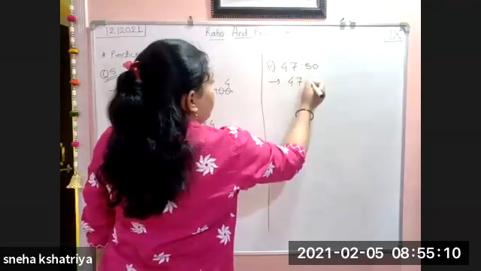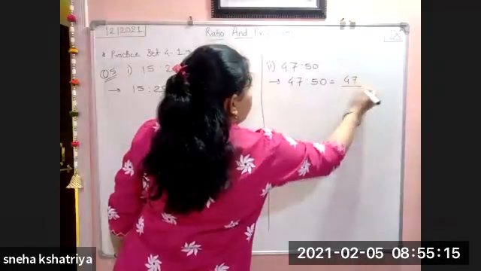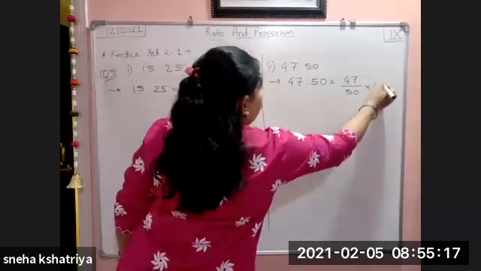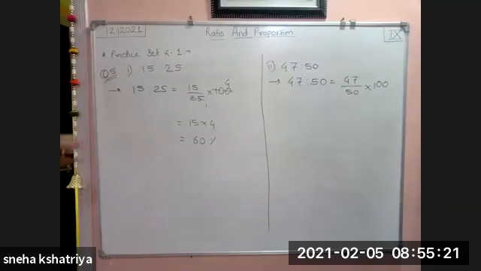So 47 as to 50, which is equal to 47 divided by 50 multiplied by 100. To convert into percentage, whatever the ratio is, multiply by 100.